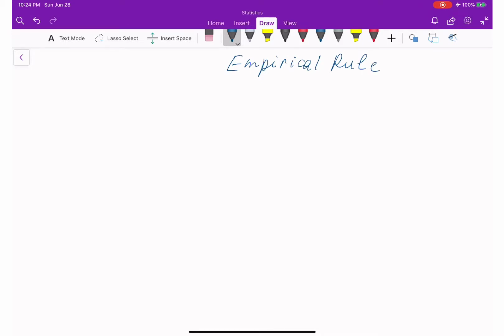Based on the empirical rule, if the data have a bell-shaped distribution, then we can say that about 68% of the values will fit within one standard deviation of the mean. Since we don't know which way, it can be plus or minus one standard deviation of the mean.